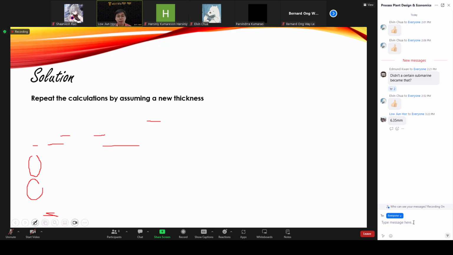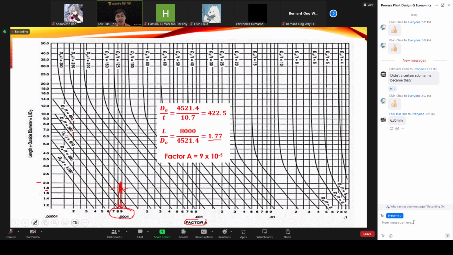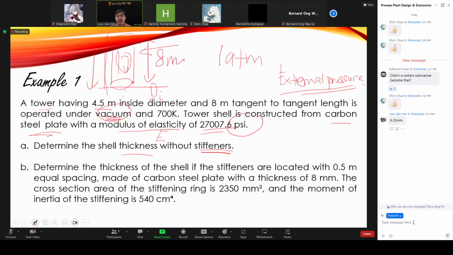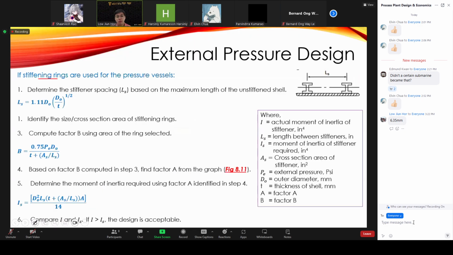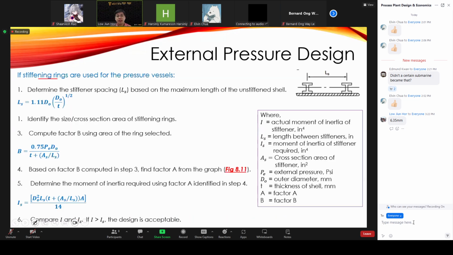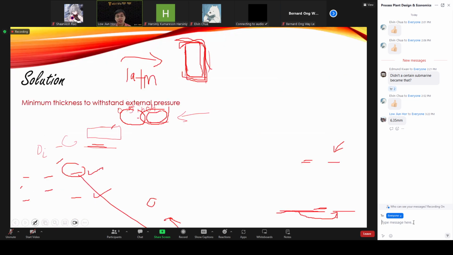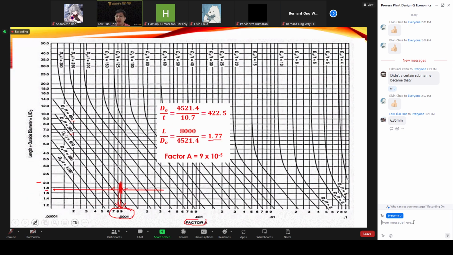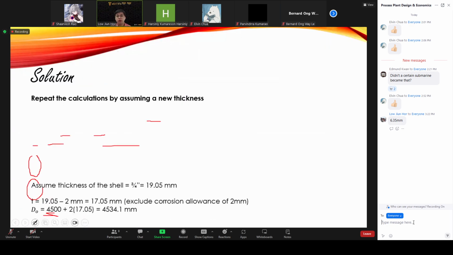So remember, if the factor B can be identified from figure 8.11, then you can just proceed to apply the second equation here. Similar, the second value still cannot be accepted because not strong enough.